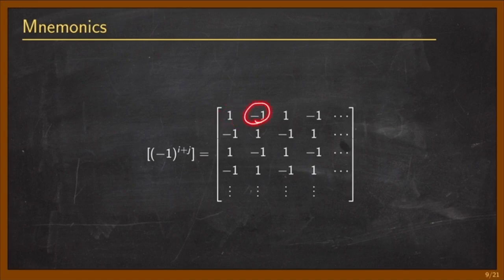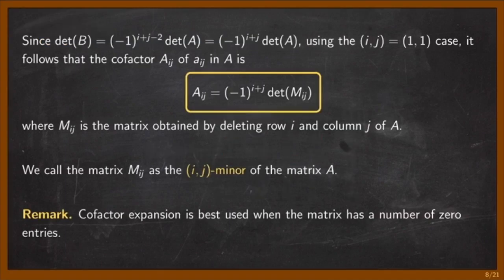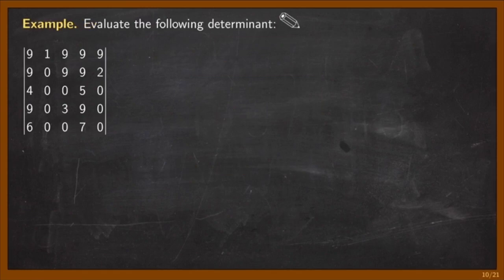In the 1,2 position, because 1 plus 2 is odd, it is negative 1, and so on. As you can see, the changes in sign follow a chessboard pattern: plus, minus, plus, minus, minus, plus, minus, plus, and so on. This tells you the pattern of the sign that this extra factor will give you. Later, this will appear.